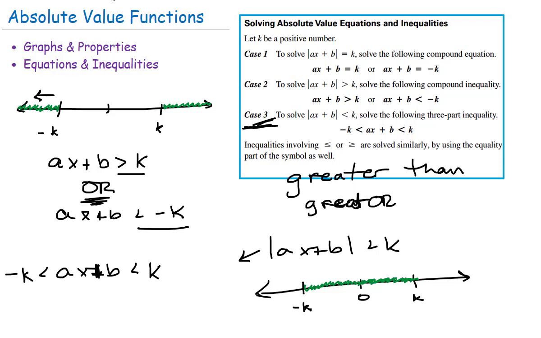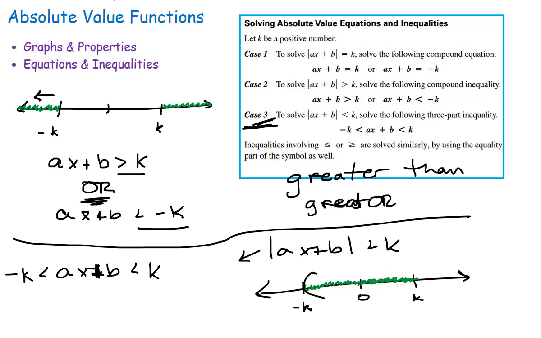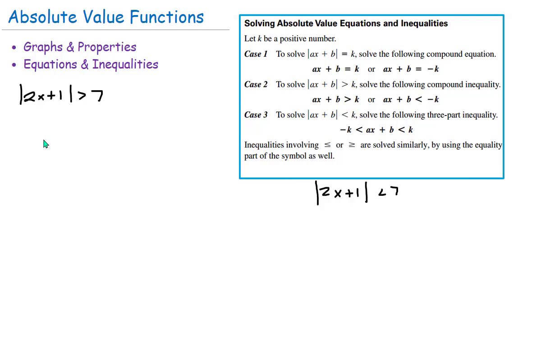So we put it in between the two numbers, just like in my picture over here in the green. It's in between the two k values. So it's less than the bigger number k and greater than the negative number k. So that's how we would solve case number 3 here.